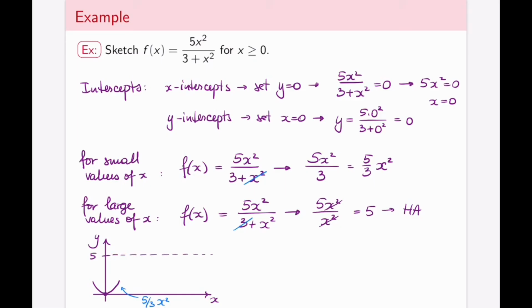So if my function has to look like something of a parabola here and has to approach the horizontal asymptote of 5 here, I can just connect the two pieces into a shape that looks like this.